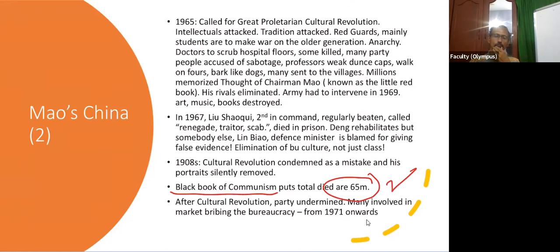And 65 million is more than the total casualties of World War I and World War II. World War I was 10 plus and World War II 50 plus million. So that was land related violence, but that was not the only violence.